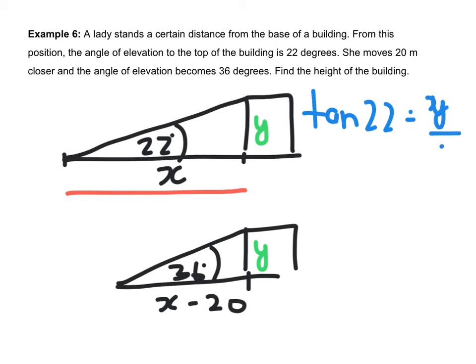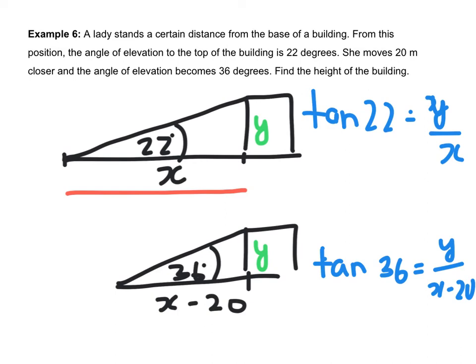Y over x. Now if you look below, in the second one, you can see that tan 36 equals y over x minus 20.